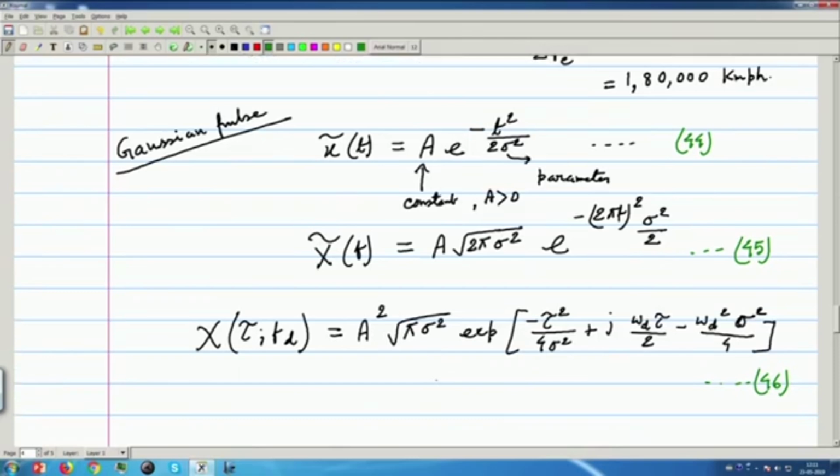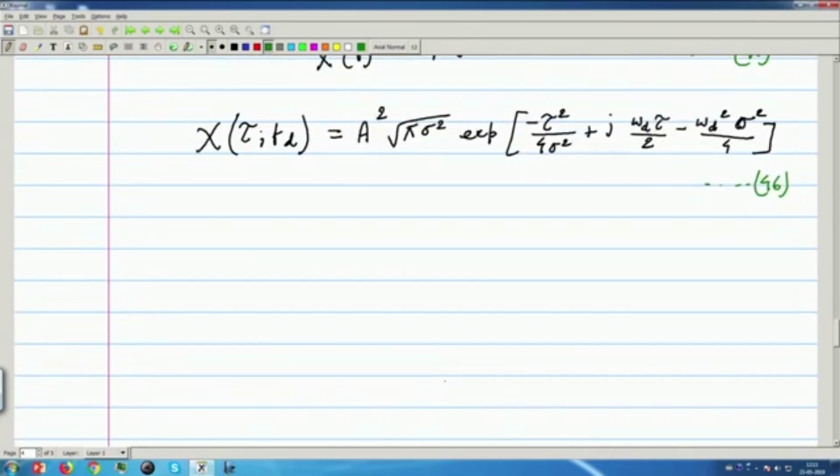Now, we can easily write this, but instead of writing we will draw the range ambiguity function.